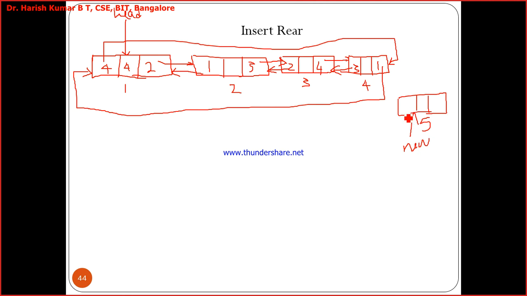In the left link of new node, I have to store the address of this last node, and in the right link of this node, I have to store the address of new node, and in the right link of new node, I have to store the address of header node, and then I have to make the left link of header node point to this new node.